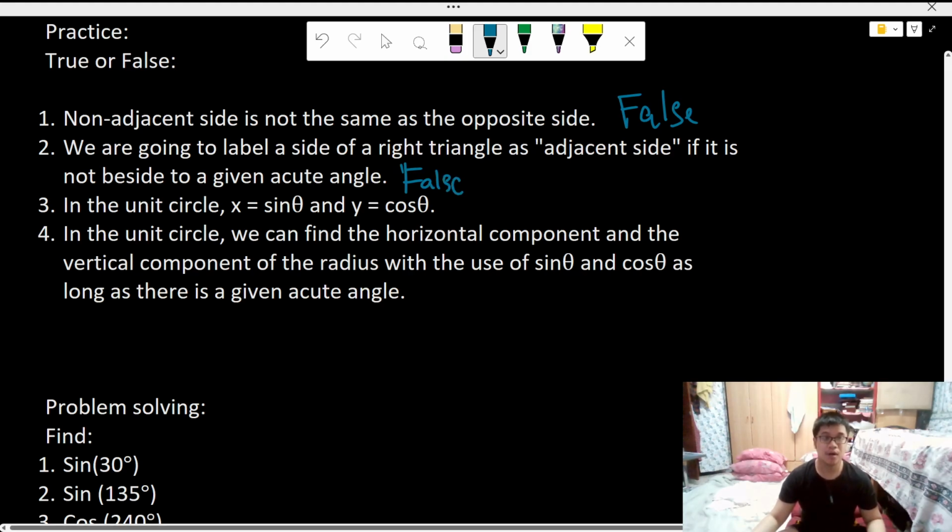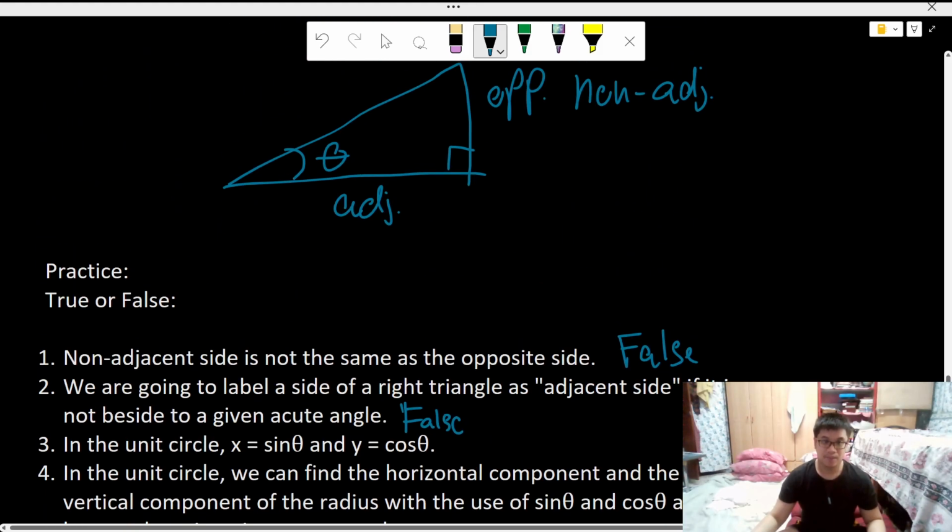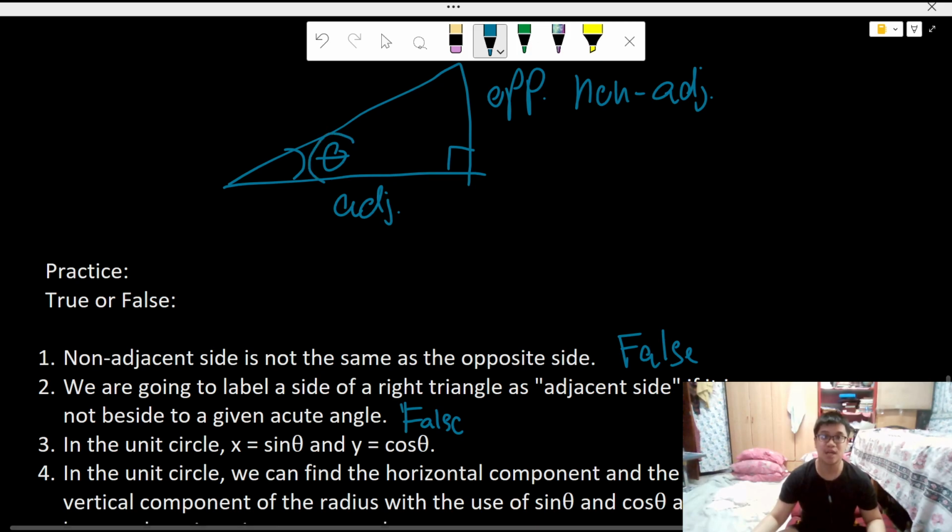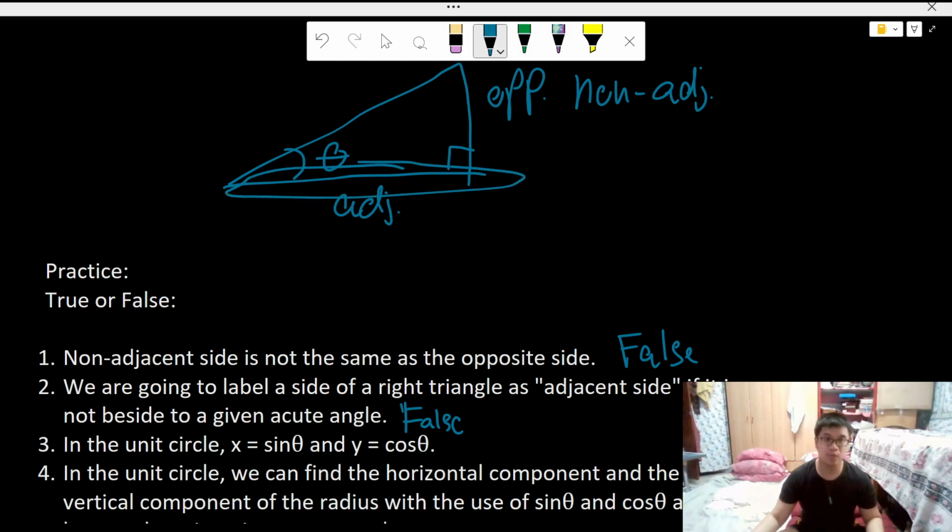Because you see here, we're going to label a side adjacent if and only if it is beside this angle. Since this angle is beside this leg, therefore that leg would be your adjacent side. That's why it's called adjacent, because this leg is adjacent to that angle, or in other words, it's beside the angle.